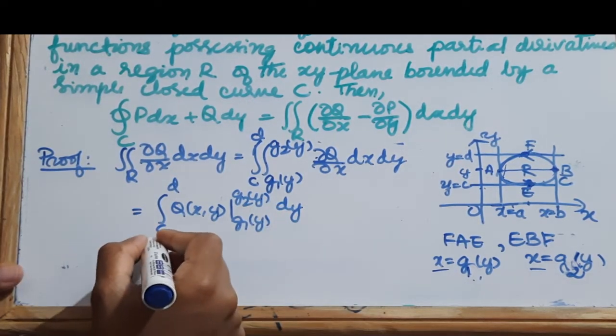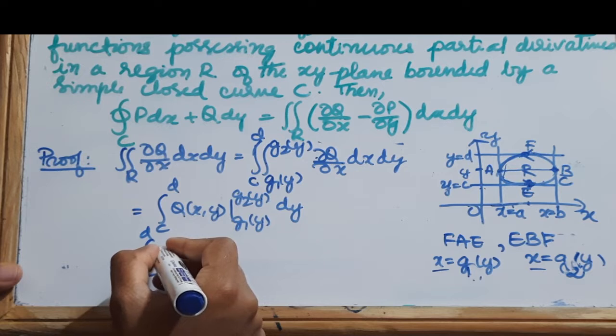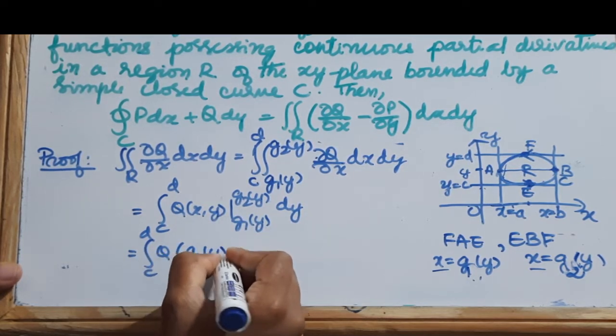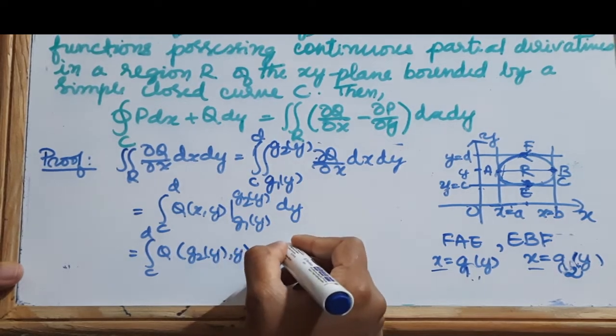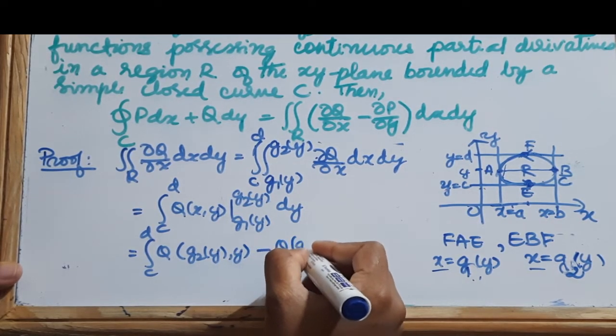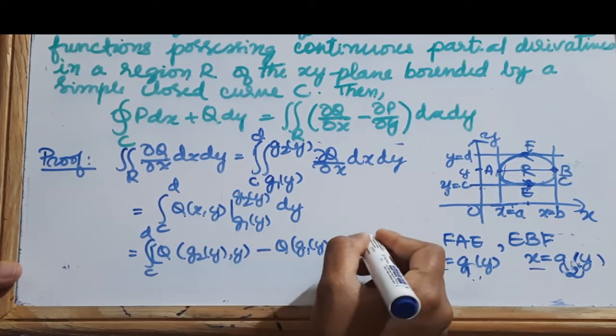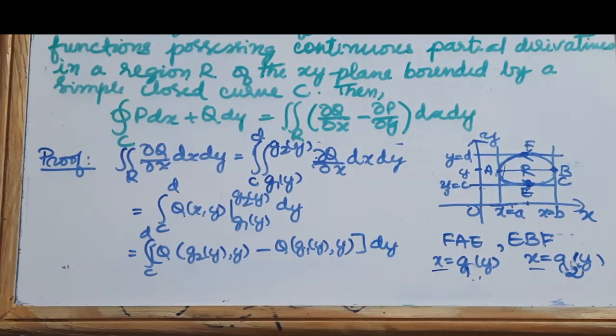Apply the upper limit and the lower limit: integral c to d of q of g2 of y, comma y, minus q of g1 of y, comma y. This is to be integrated with respect to y.